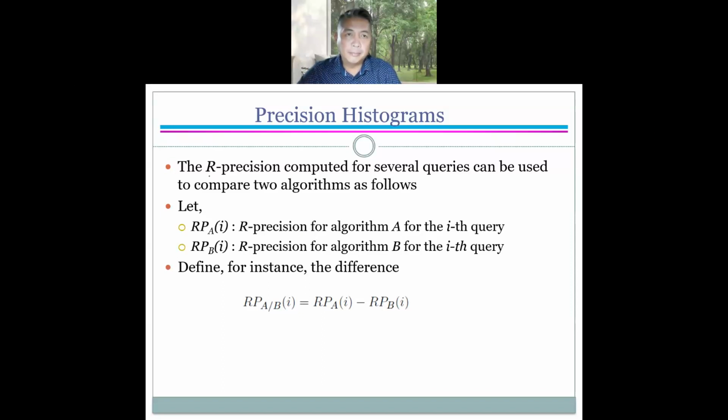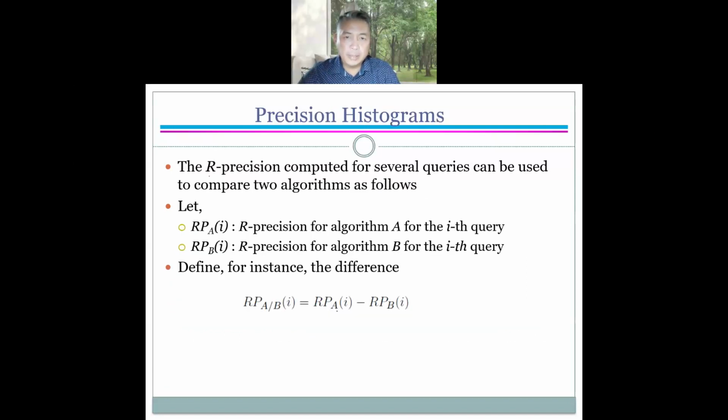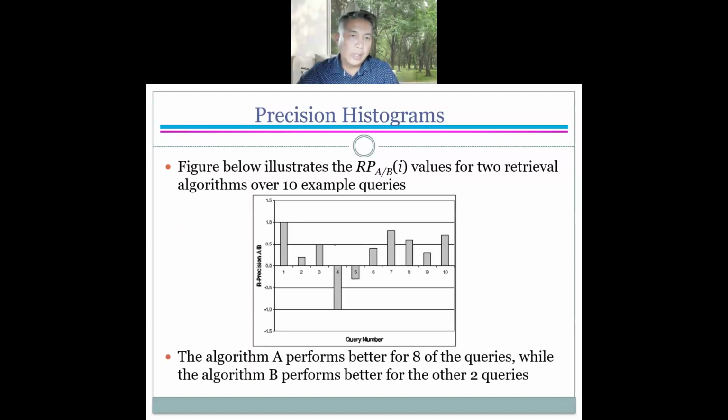So this is the precision of A minus the precision of B. So we could have something like this in which we are comparing A and B. For example, algorithm A performs better for 8 queries, 3, 4, 5, 6, 7, 8, and algorithm B only has 2 which are better compared to algorithm A. So this is just to compare.